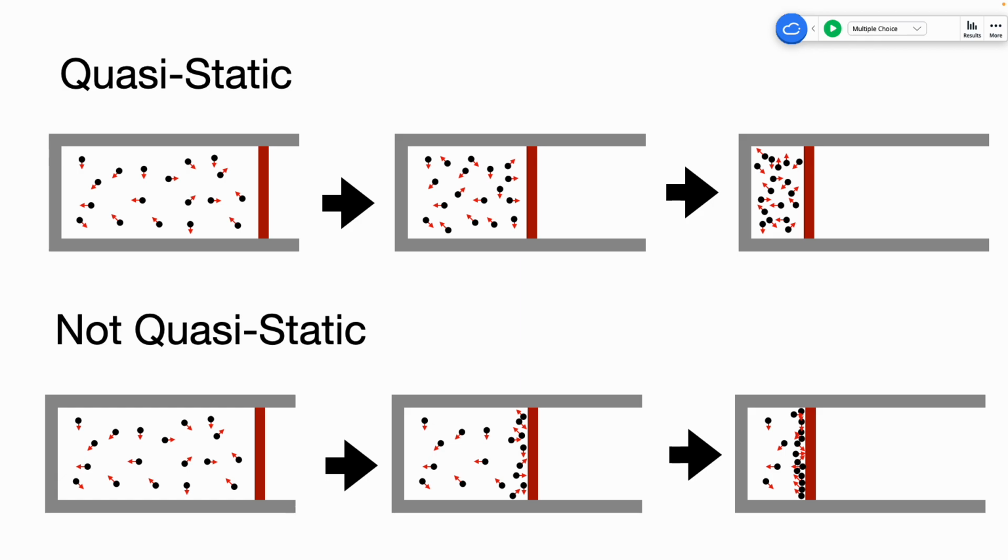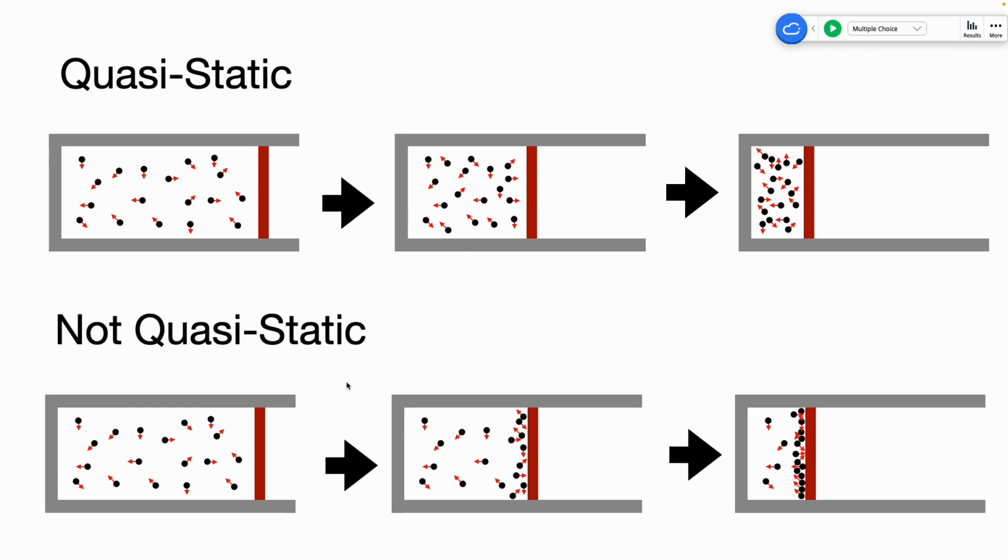When the process is really slow, such as the top one, I am compressing the piston at a really slow rate. So at every instant, the gas is distributed evenly. They always have enough time to reach equilibrium, even though I am changing the volume.